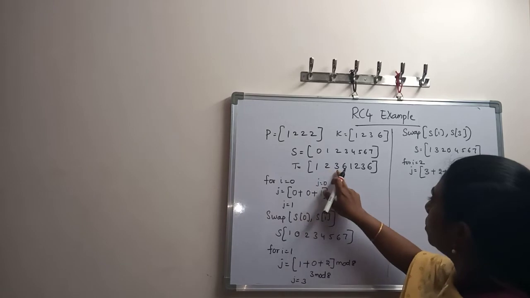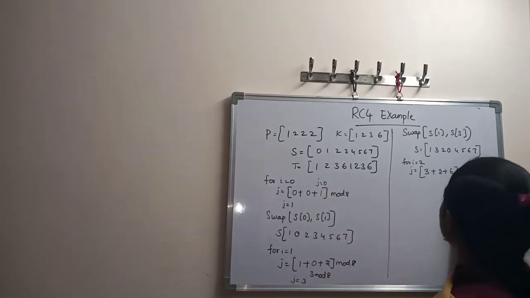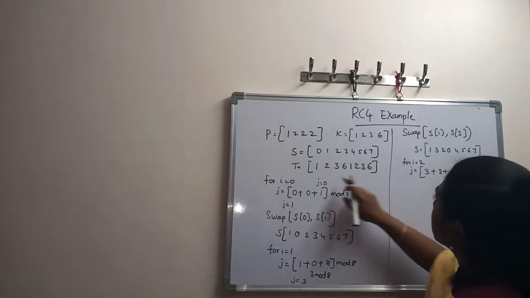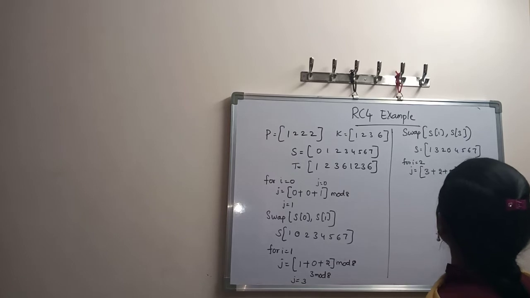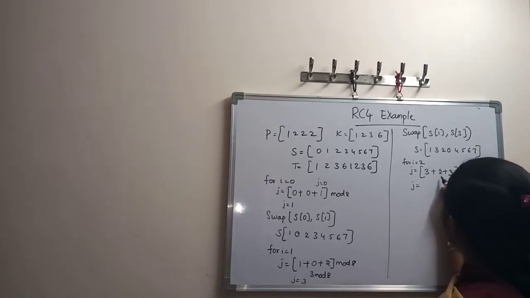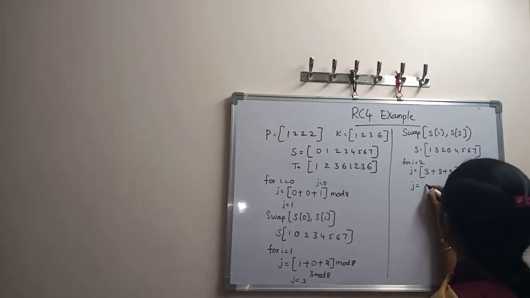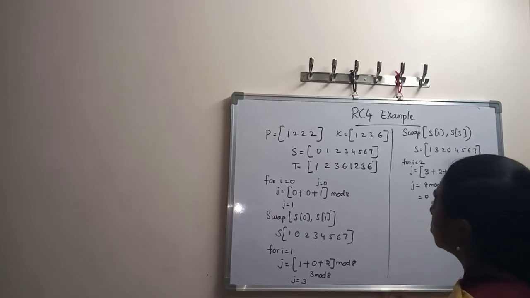So that is 6. Sorry, S of 2 value, 3 mod 8. So what do we get for the j value? 6 plus 8, so we get 8 mod 8, which is equal to 0. So the j value is equal to 0 here.